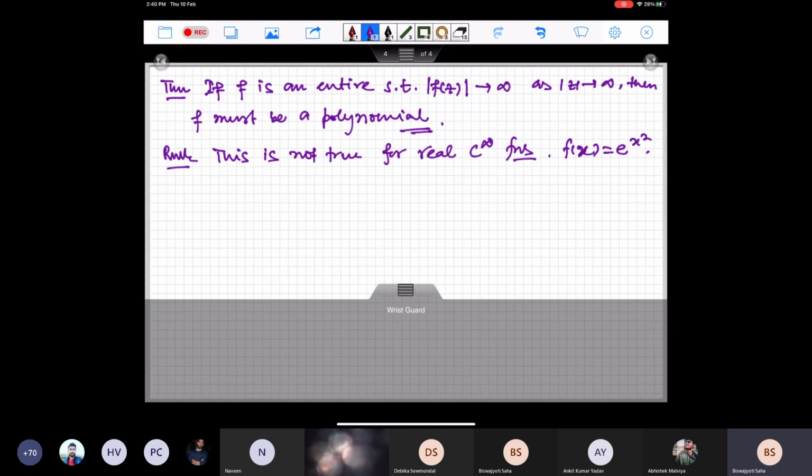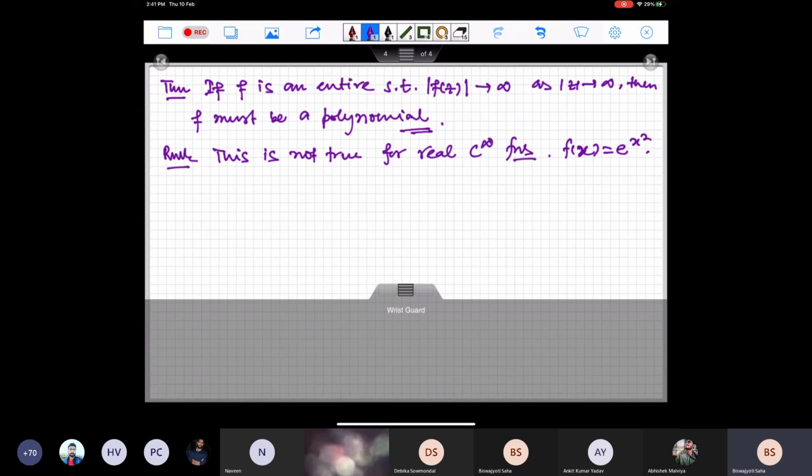But as I said, this function is not a polynomial clearly. And this example in fact shows you that if you just look at a function only on the real line, then the picture is not complete. Okay, so even though from the theorem, what I get is that e power x square, or if I think of e power z square, this would have been an entire function, which is clearly not a polynomial.